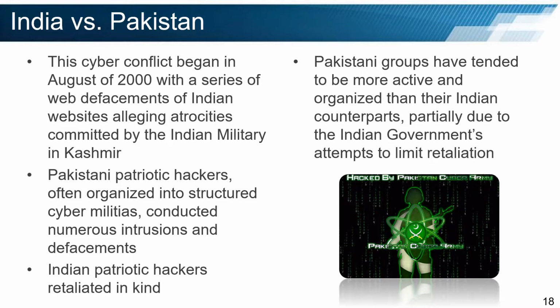Pakistani groups have tended to be more active and organized than their Indian counterparts, partially due to the Indian government's attempt to limit retaliation. Although the Indian government has attempted to limit retaliation, attacks have still persisted, and few, if any, prosecutions have taken place against those conducting such attacks against Pakistan. Pakistan, for its part, has turned a blind eye to all such activity by its patriotic hackers.